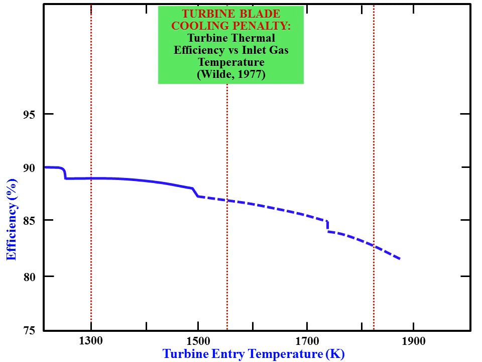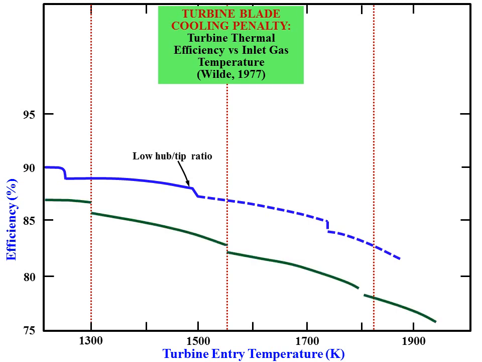The first curve, represented by the blue line, is the efficiency curve for the low hub to tip ratio turbine, and the dashed blue line represents the expected result for the low hub to tip ratio. The second curve is the efficiency for the high hub to tip ratio.